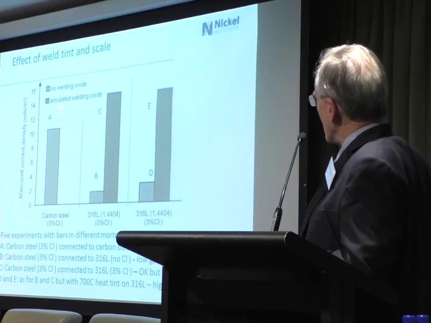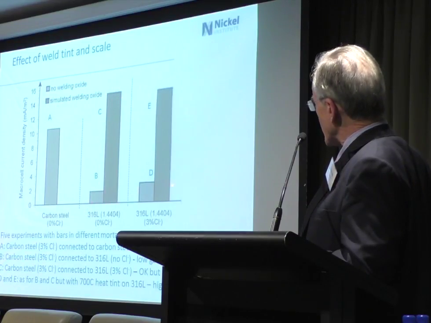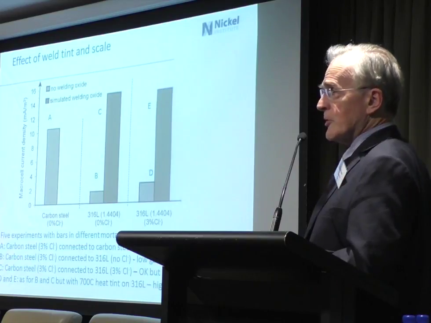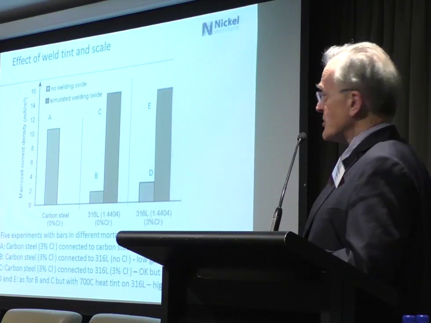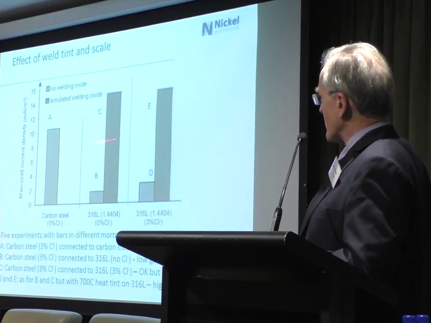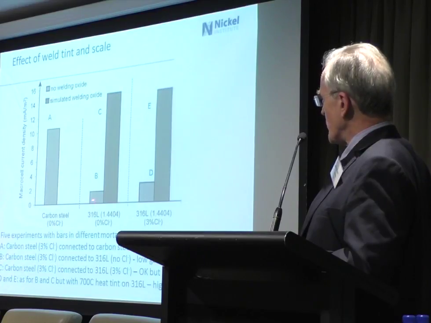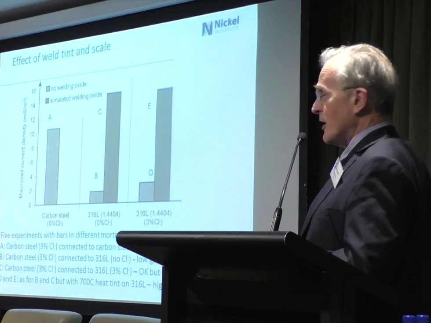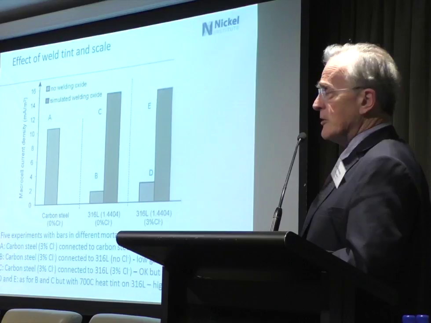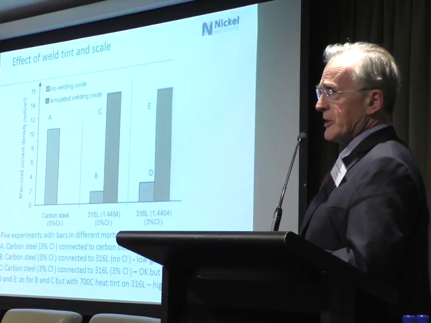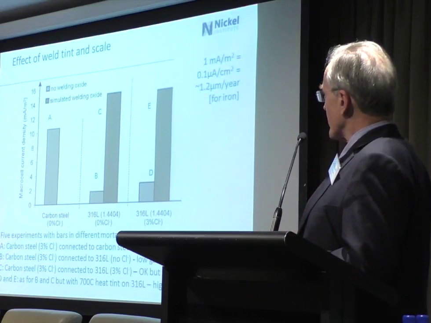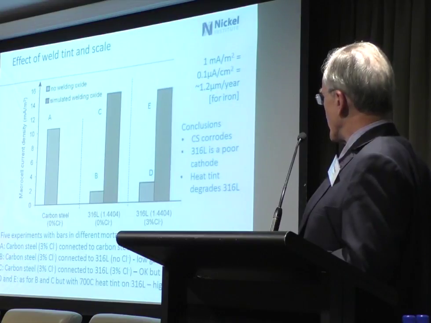These, with simulated welding oxide, the corrosion rate is enormously larger. So those two are talking about the welding oxide. This is talking about the difference between 304 stainless steel and carbon steel to carbon steel. And just the conversion factors.